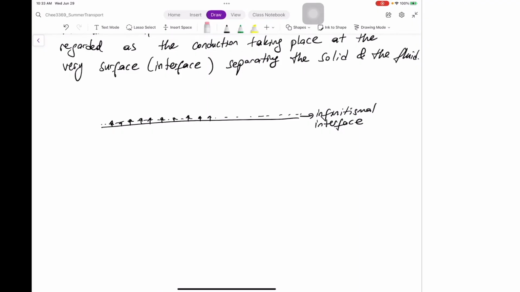From Fourier's law, minus k of the fluid, let's work on the fluid side, del T over del y at the wall, near the wall, is equal to whatever is lost by the solid, which is basically Newton's law of cooling: h times T wall minus T infinity.